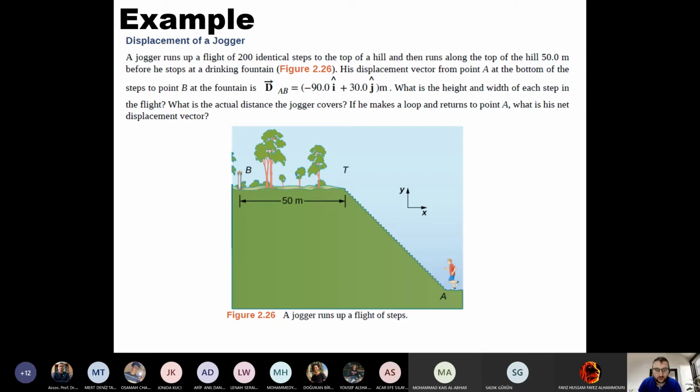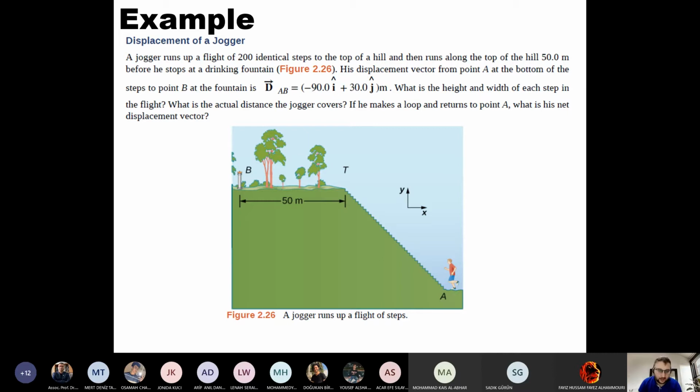His displacement vector from point A at the bottom of the steps to point B at the fountain is dAB, this is a vector, equal to minus 90 i hat plus 30 j hat in meters.